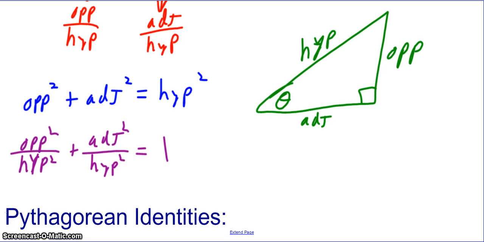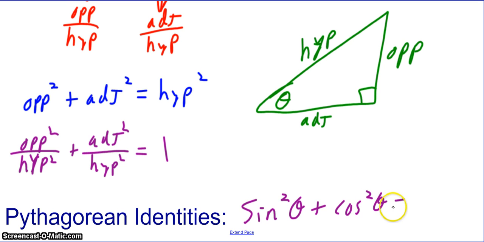So the first Pythagorean identity is going to be sine squared of theta plus cosine squared of theta equals 1. This is the most important one. If you understand and know this, you can easily come up with the other 2.